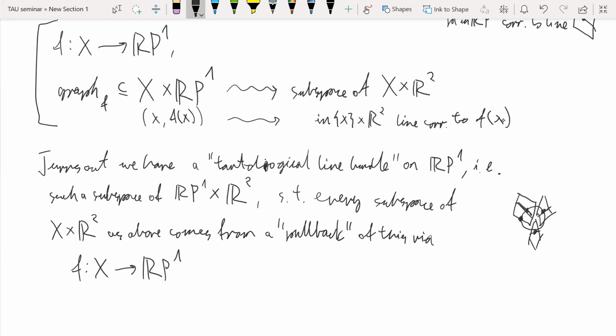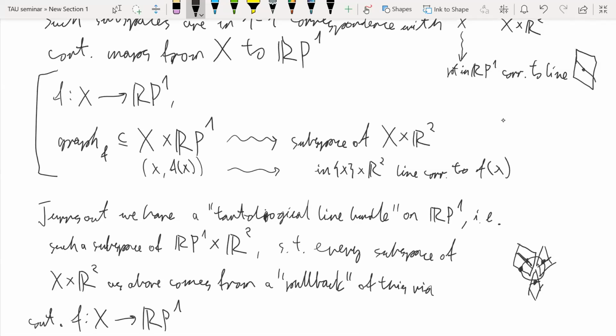In a sense, this is just repeating what I have said above. If we have any function like this, then we can pick out lines in X times R squared such that the line over this point is the one corresponding precisely to this image. So we are looking at the line in this bundle over RP1, and we are taking the same line over X, corresponding to what the image of f of little x was.